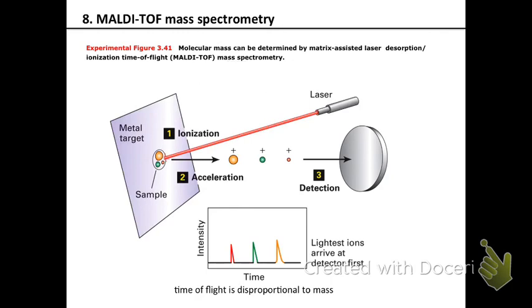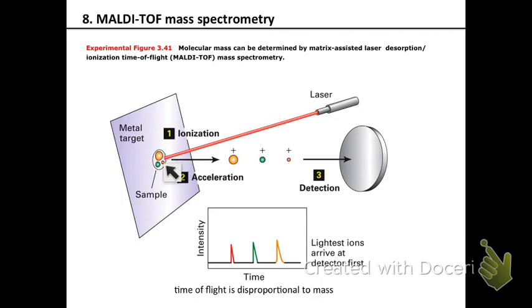The principle is this. The separation is based on the mass of the proteins and the fact that when proteins are running across a magnetic field, the smaller proteins run faster than the larger proteins. Okay, so that's basically essentially the separation principle.